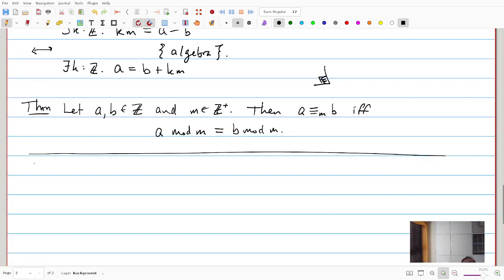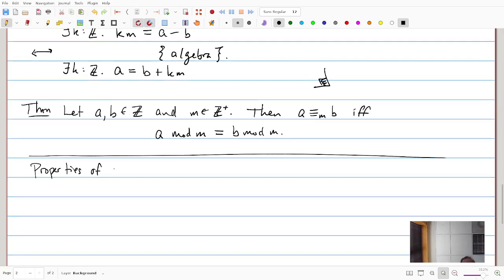Okay, so the next thing I want to talk about is properties of this relationship. We've used this triple equals sign symbol for this. It very strongly reminds us of equality, right? And we call it equivalence.